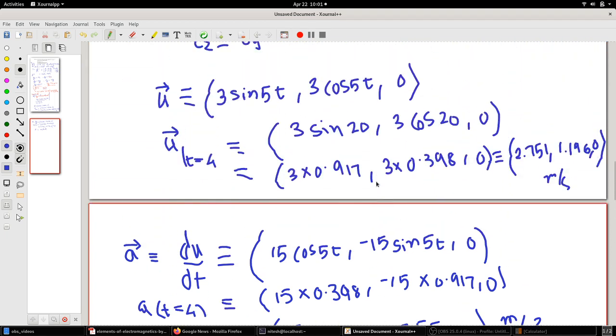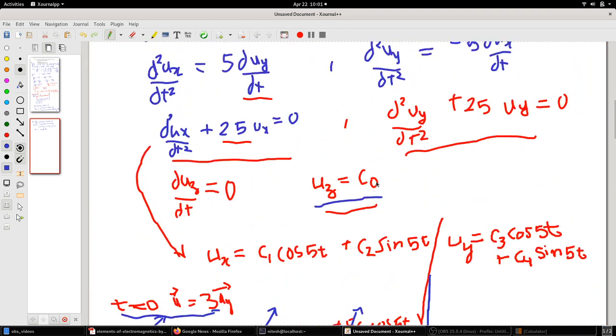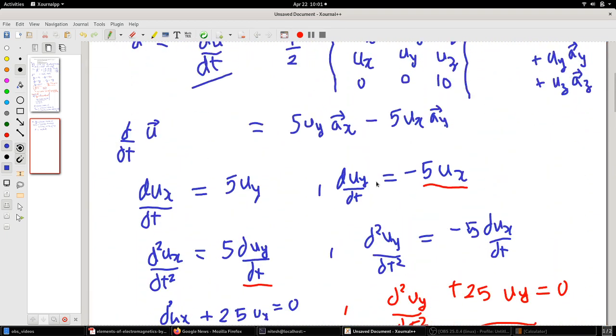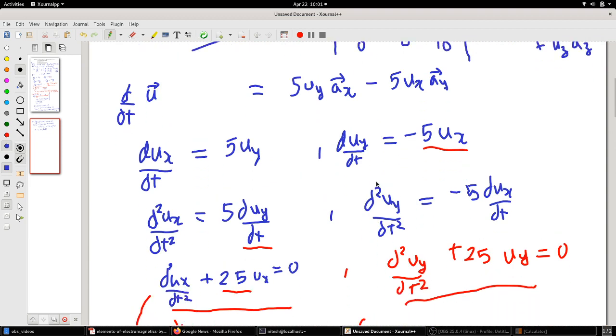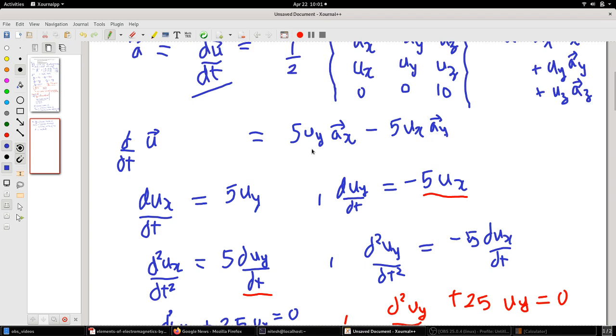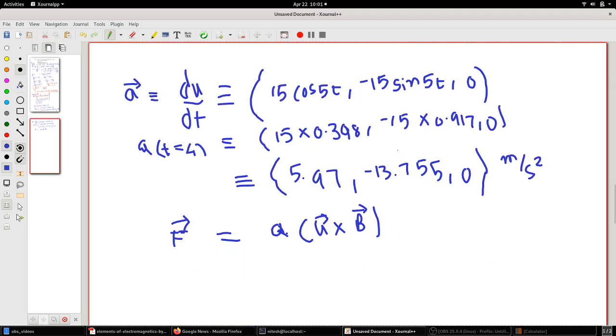After U cross B was this one, right? Or else I can go this route. I can go with mass into acceleration.